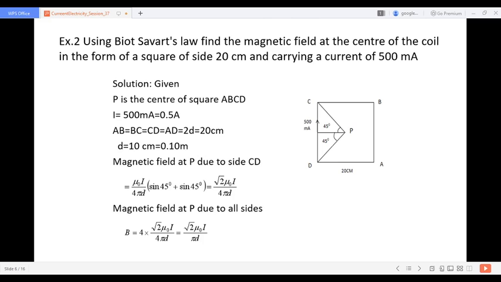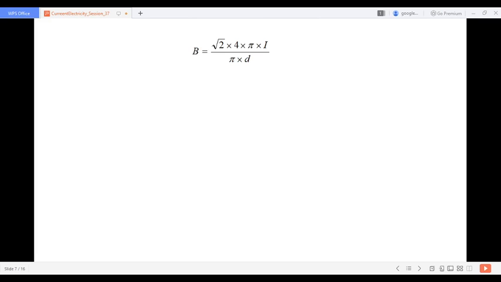So altogether we get B equal to 4 into root 2 mu naught I divided by 4 pi D, and that comes to be root 2 mu naught I divided by pi D. Here we get B equal to root 2 into 4 into pi into I divided by pi into D. So pi in the numerator and denominator gets cancelled.